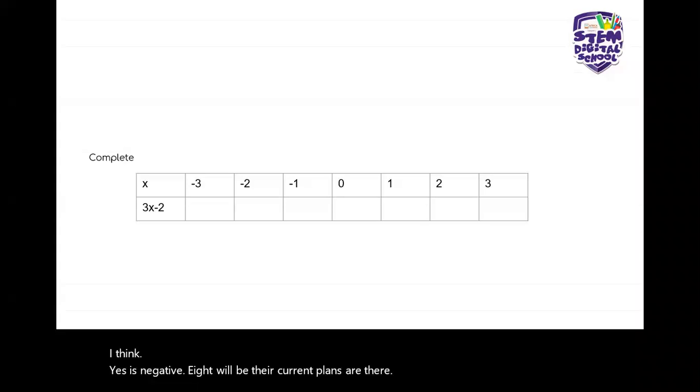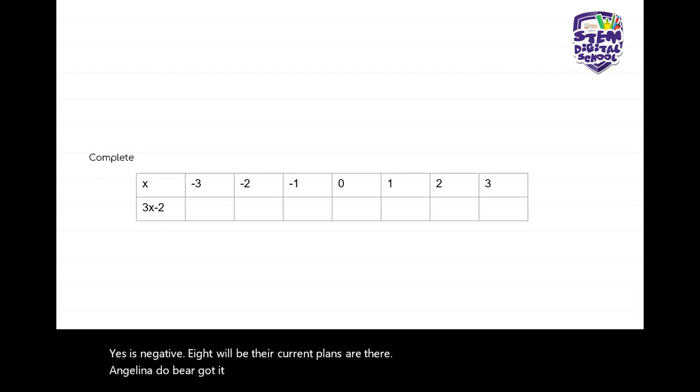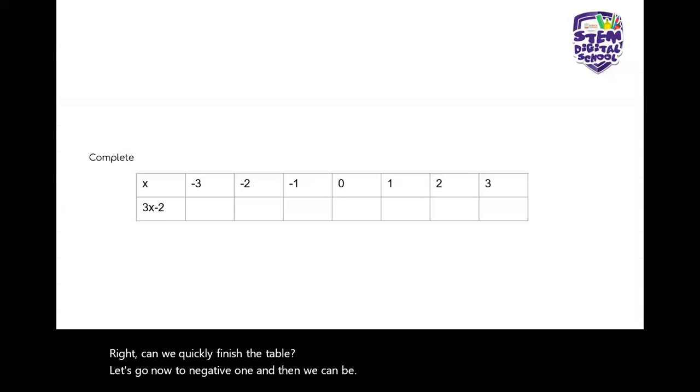Angelina Dube got it right. Huapeli and Lehumo also got it right. And who else? So far, it's just the two of you. Right, can we quickly finish the table? Let's go now to negative 1, and then we can be sure to do the next one.